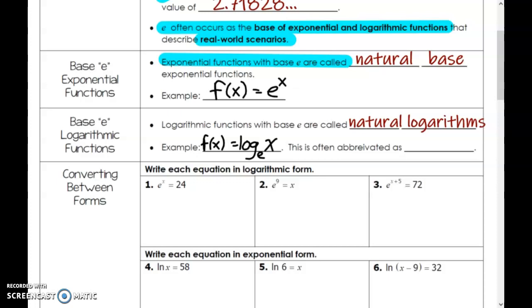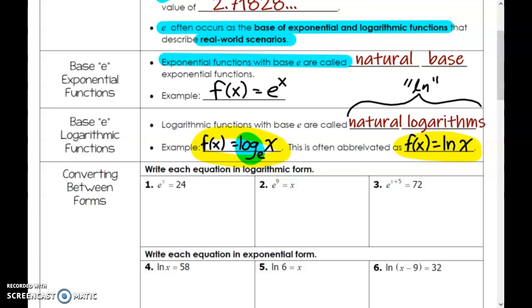Now, this log base E, or what we call the natural log, we're going to abbreviate that as LN, which stands for natural log. And so we'd see it like this. F of x equals the natural log of x. So these two things here and here are the exact same thing. Ln is log with a base E.